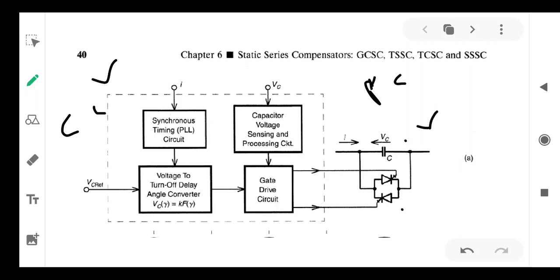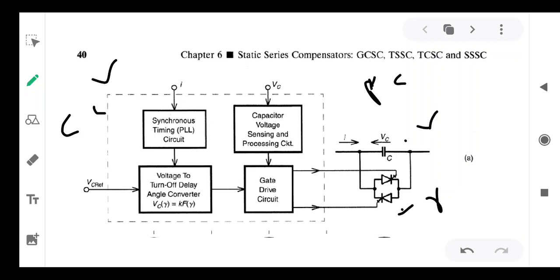The turn-off angle gamma control is provided for GTOs, gamma control. So the basic philosophy behind the control circuit of this GCSC is similar to that of TCR. Instead of using current as in the case of TCR, in GCSC we are using voltage, that's all.